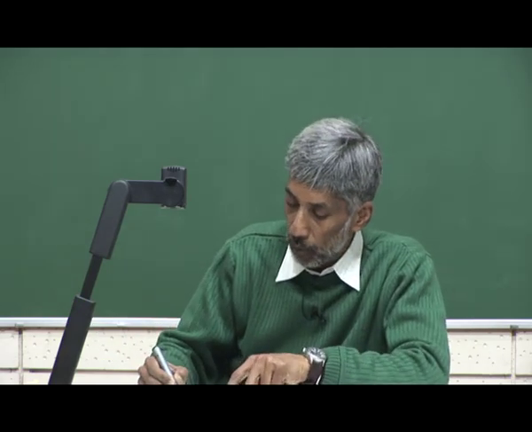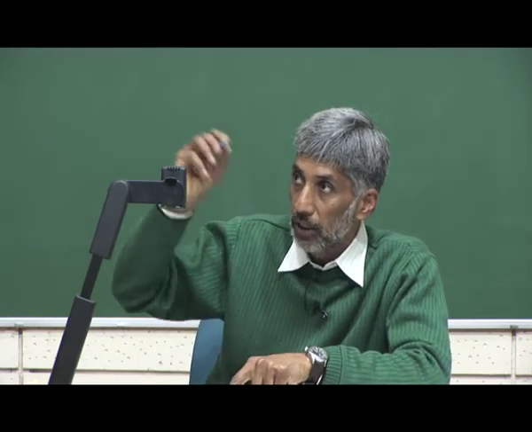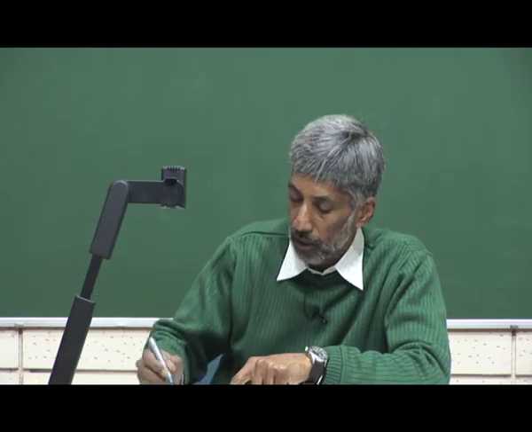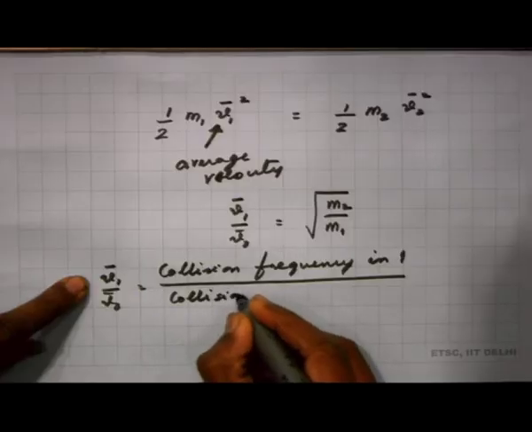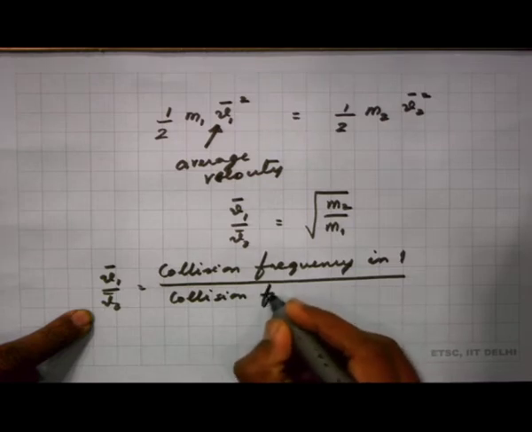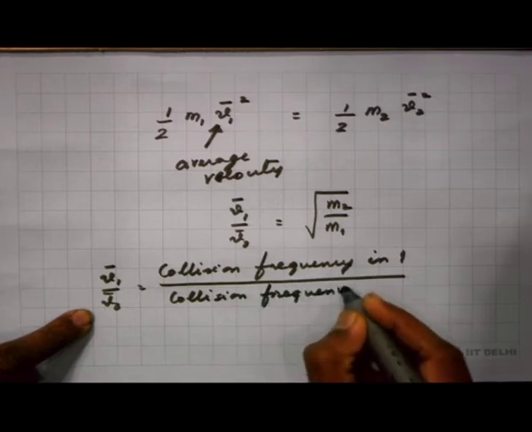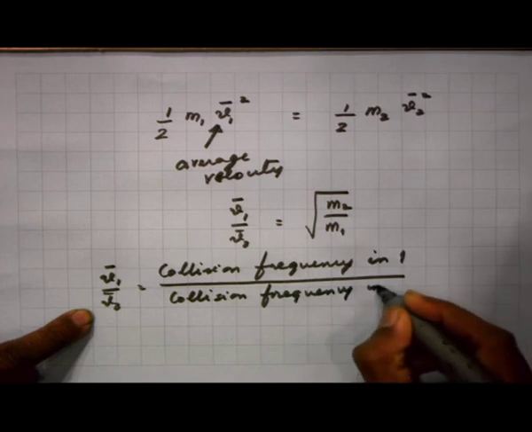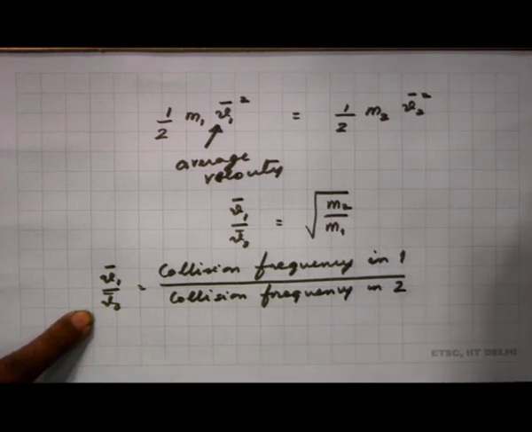So, there is a proportionality between the collision frequency and the velocity, and so V1 bar over V2 bar is equal to the collision frequency in sample 1 over the collision frequency in sample 2.